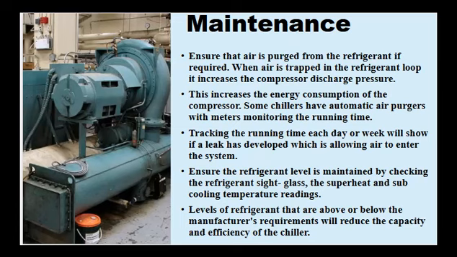Some chillers have automatic air purgers equipped with meters that monitor running time, helping track whether air is being purged efficiently. Monitoring the running time daily or weekly can also help detect leaks that allow air into the system. Additionally, maintaining the refrigerant level is essential for optimal performance. This can be checked by observing the refrigerant sight glass and monitoring superheat and subcooling temperature readings.